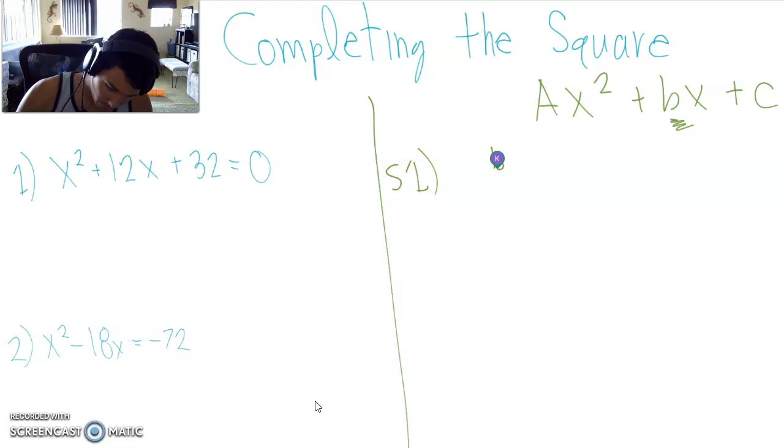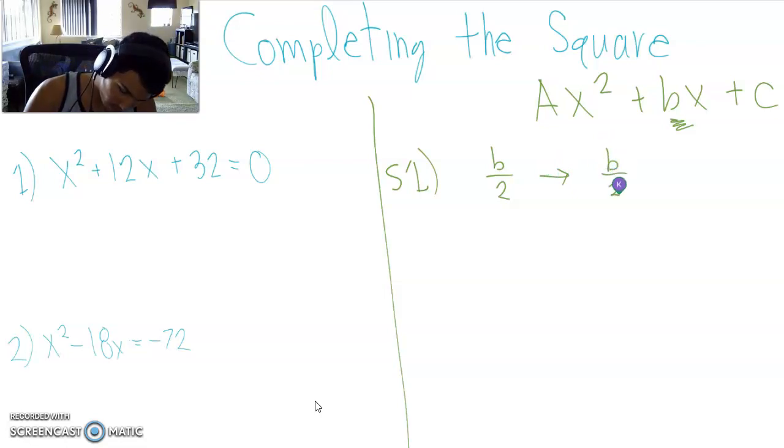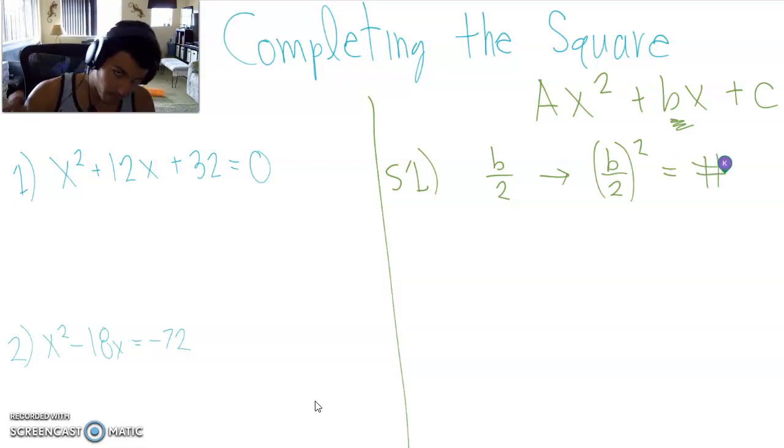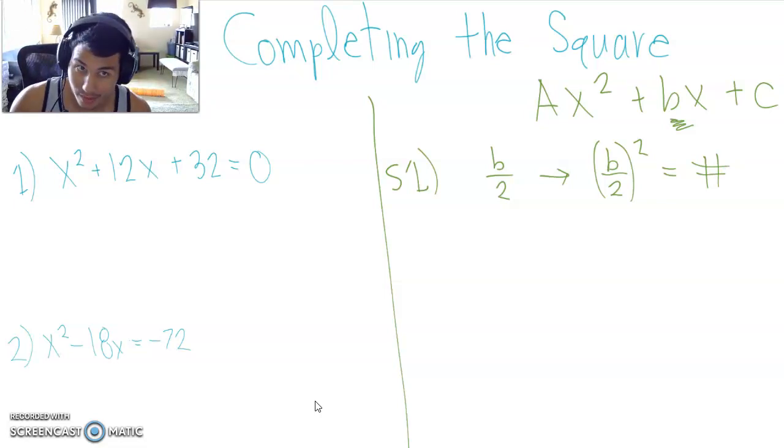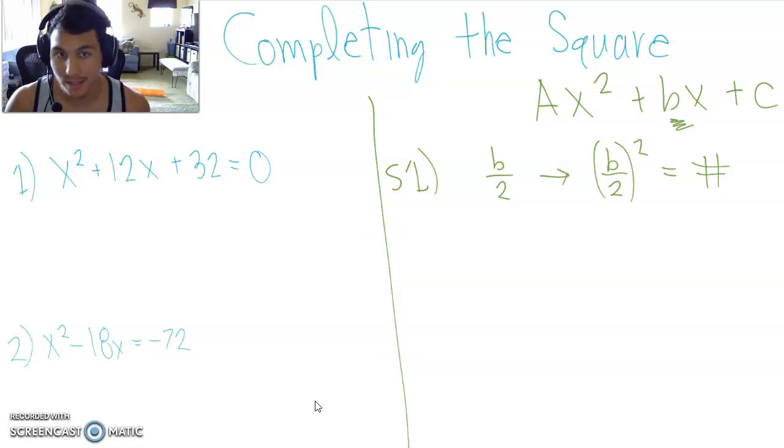So we go b divided by 2, and then we go b divided by 2 squared, right? And I'm just going to say that equals some number, okay? Because it's true, it's just going to equal some number. And by the way, if it's a negative, like minus 2x, then it's minus 2 divided by 2. Well, that will come clear in the example soon, but that's what we do, right?